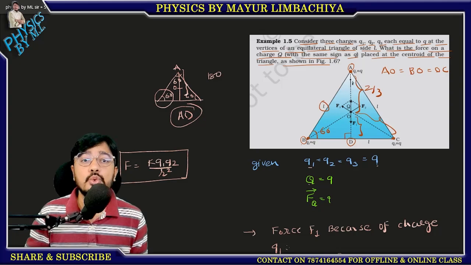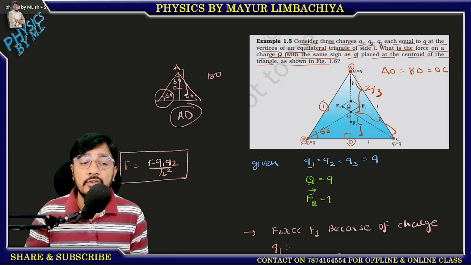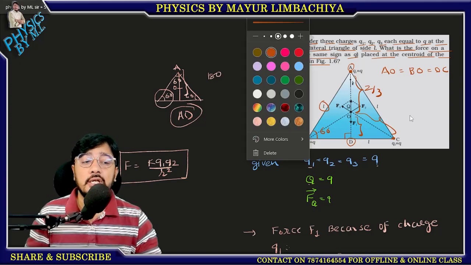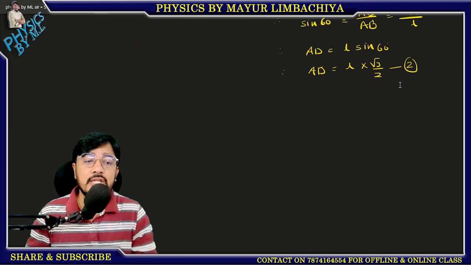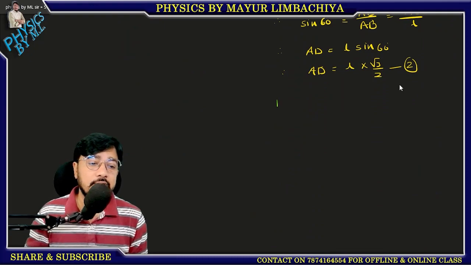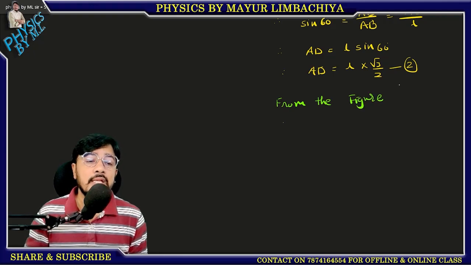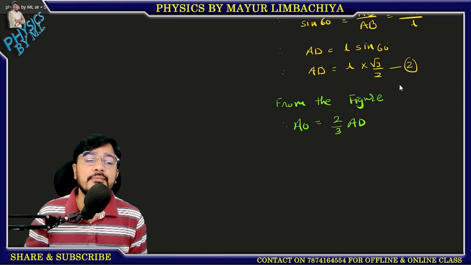AO is what? 2/3 of AD median. So with the help of this particular relation, can I use this, that from the figure AO is equal to 2/3 of AD.